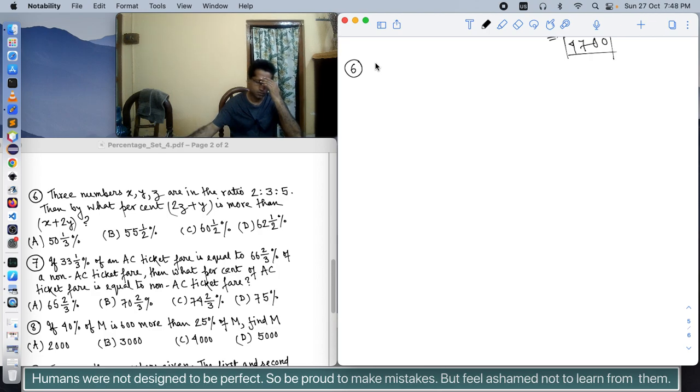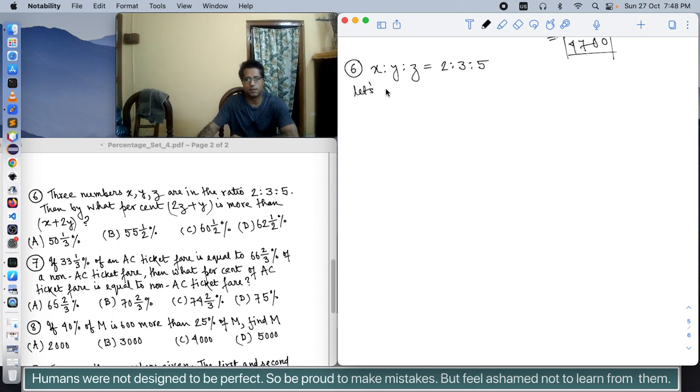Okay. Whenever you have a problem where the ratio of some quantities is given, the standard way of solving is to assume those quantities as multiples of the parts of the given ratio. So it is given that x to y to z is equal to 2:3:5.